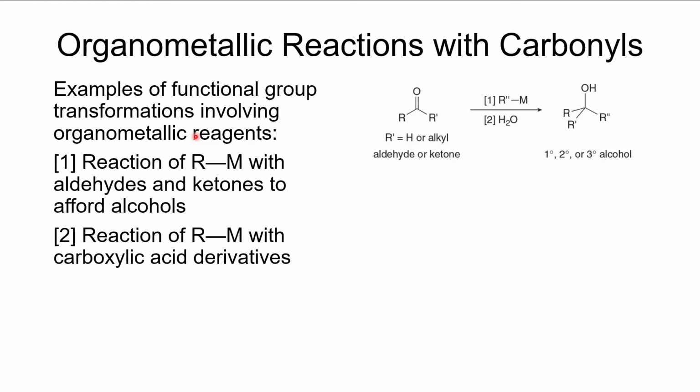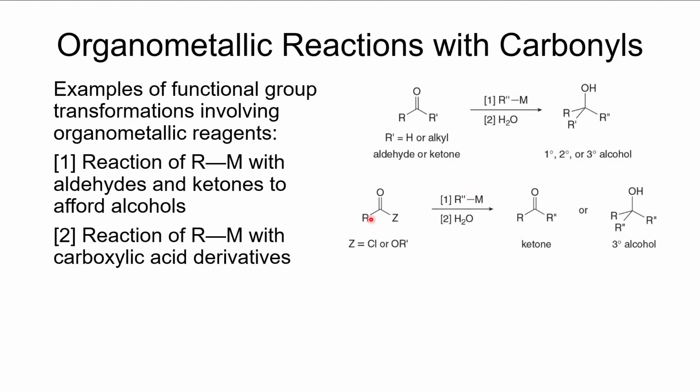If we have carboxylic acid derivatives, and the carboxylic acid derivatives that we're specifically interested in this chapter are the acid chlorides and the esters, we can react those with our organometallic reagent.